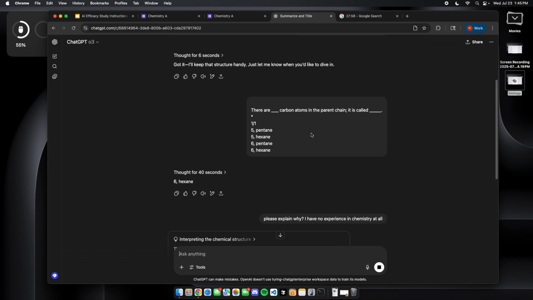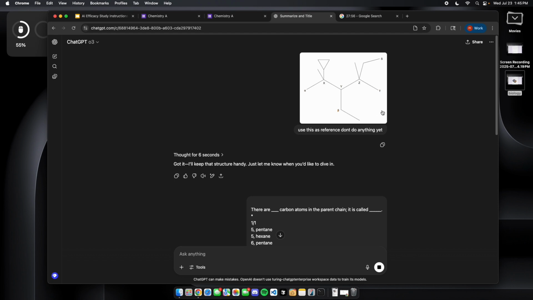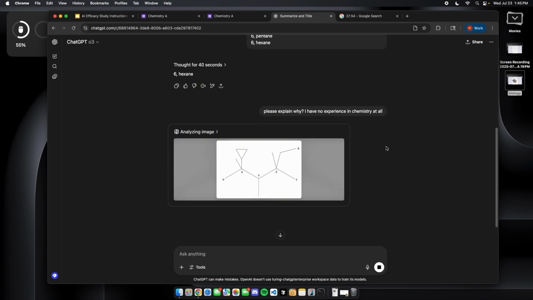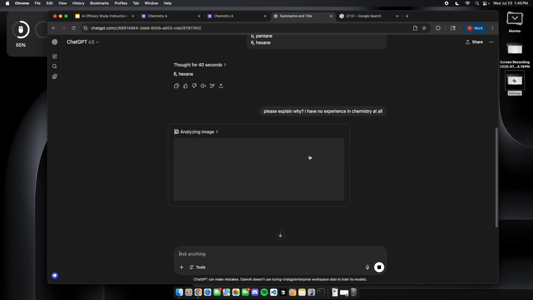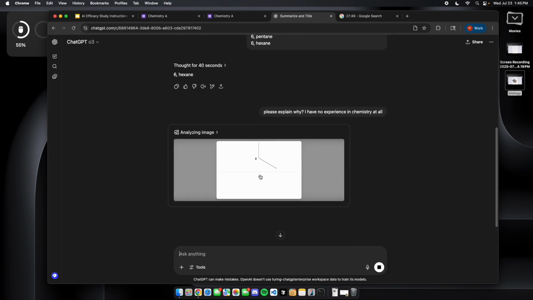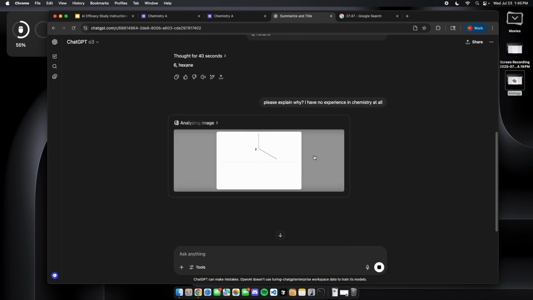It seems like the model isn't able to remember the information it already knows by analyzing previously. So it has to keep analyzing every single time.